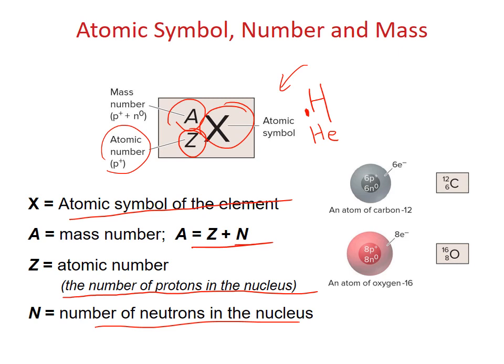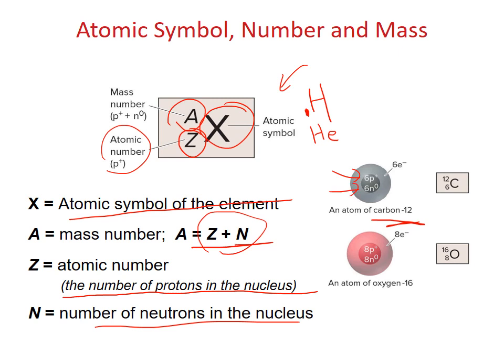Now in atomic mass unit, the mass of a proton and the mass of a neutron are both 1. Therefore, when you add these two together, it approximates the mass of the atom in atomic mass unit. For example, in carbon-12, there are 6 protons, 6 neutrons.